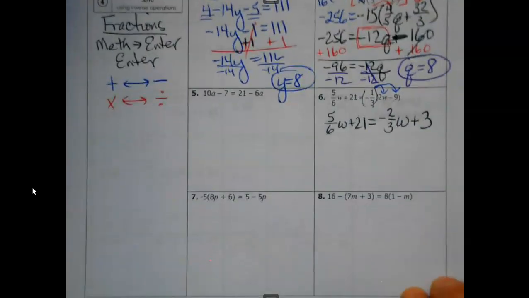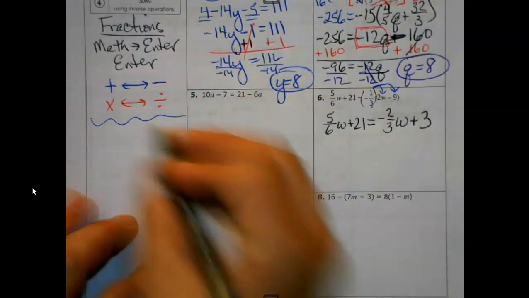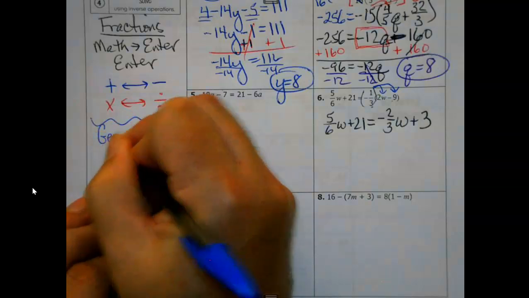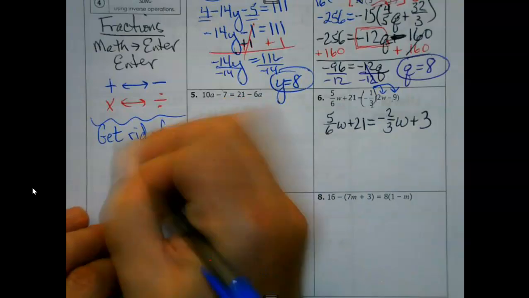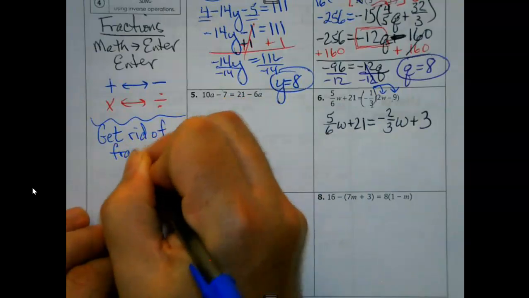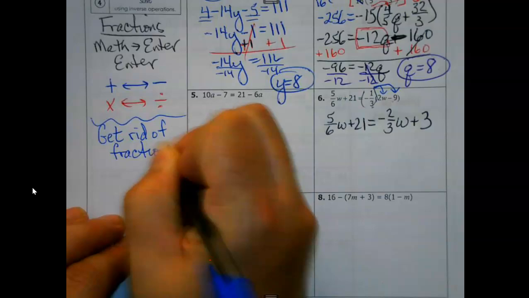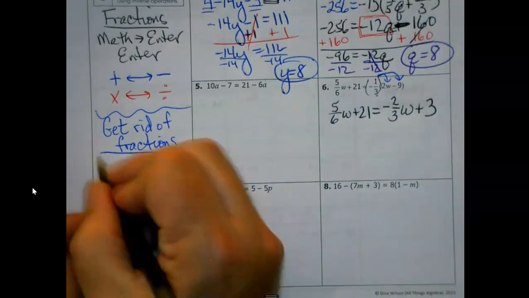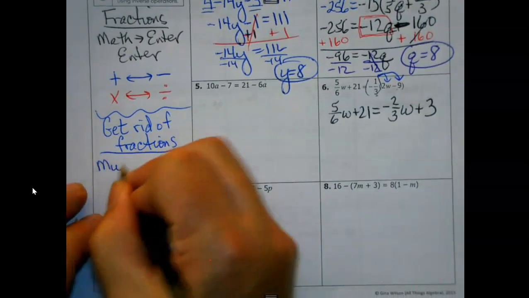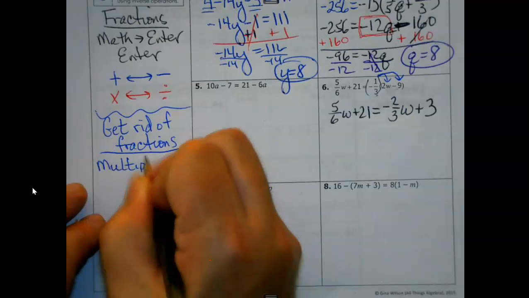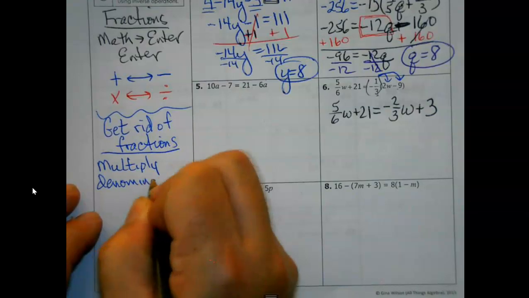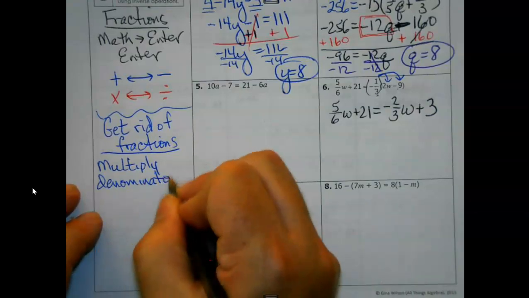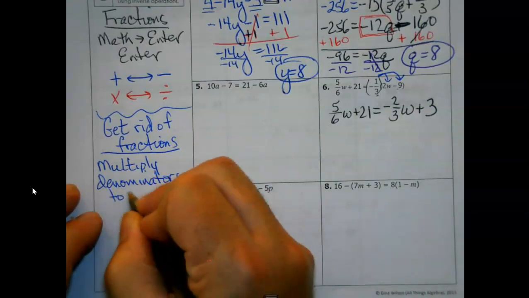Okay, here's the last twist. We're going to put one more little help over here in this side. Last one over here. To get rid of fractions, if it's not just one, we are going to multiply the denominators, the numbers in the bottom, together.